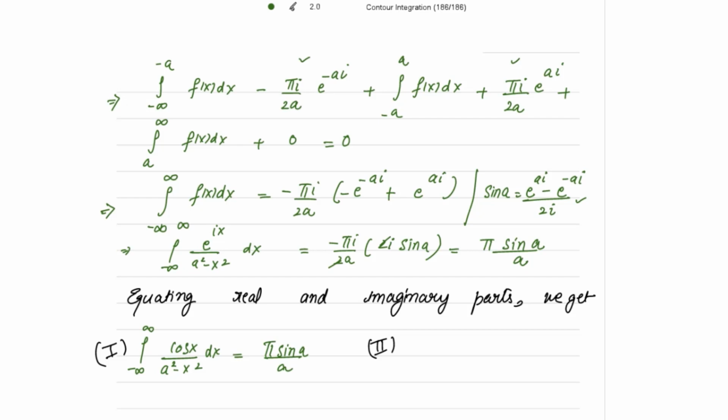Hence proved the first result. Alright, now equating the imaginary parts, I get the integral from minus infinity to infinity of sine of x over a square minus x square dx equal to, now here there is no imaginary part on the right hand side, that is 0 then. So now I have proved these two results, right?